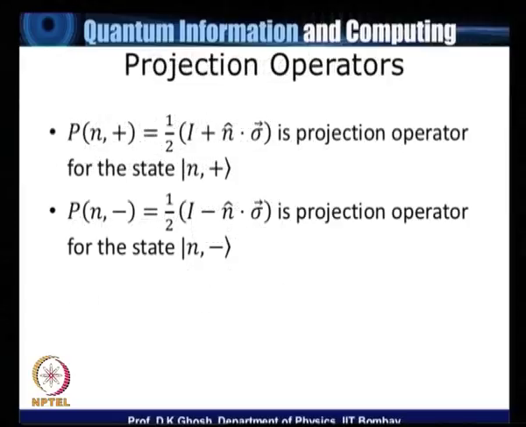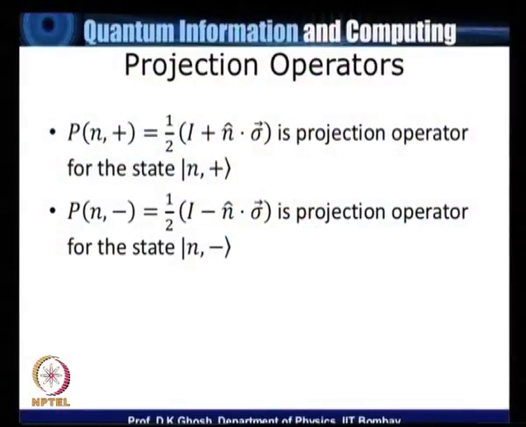Now suppose Alice is making a measurement along a particular direction and gets a particular value, supposing she gets a plus. Now what am I actually doing? I am projecting out, if she gets plus 1, the eigenstate n having an eigenvalue plus.